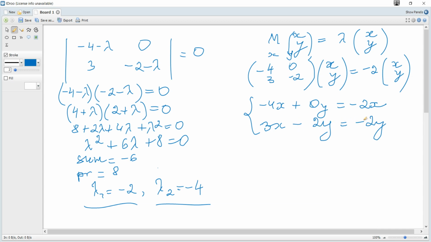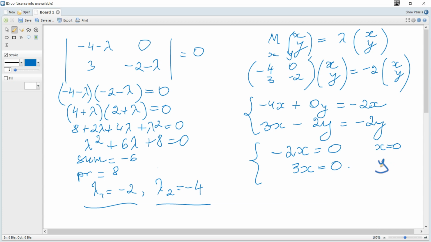And you can see it becomes negative 2x is 0 and 3x is 0. Actually, you need only one row, or one equation, because the other must be true automatically. So for it to be true, x must be 0.